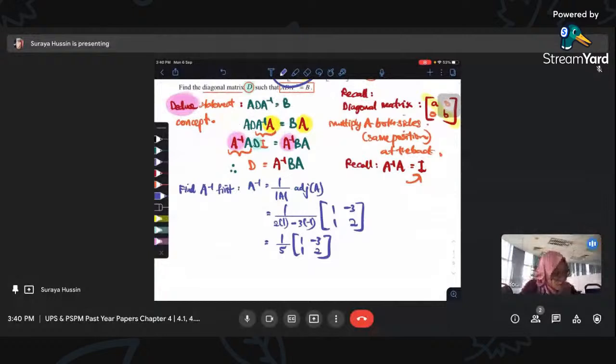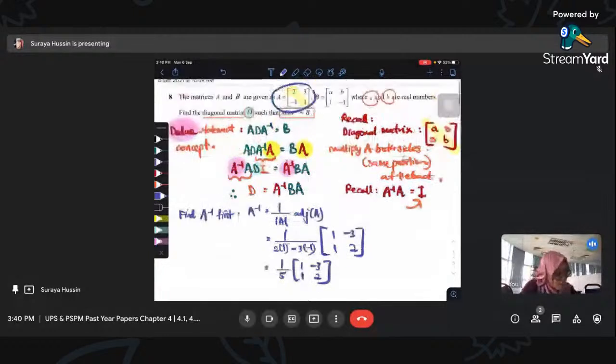Okay, remember cara untuk ingat dengan mudah untuk cari inverse is focus at the diagonal line. I always talk about diagonal line here, which you must know that the bahagian diagonal line ni akan di swap.